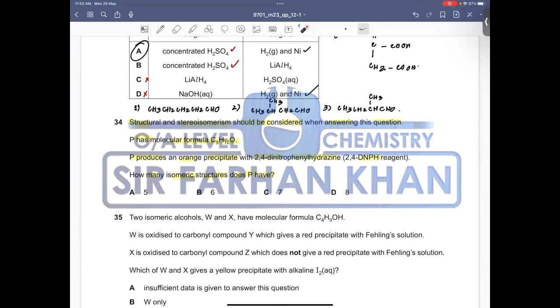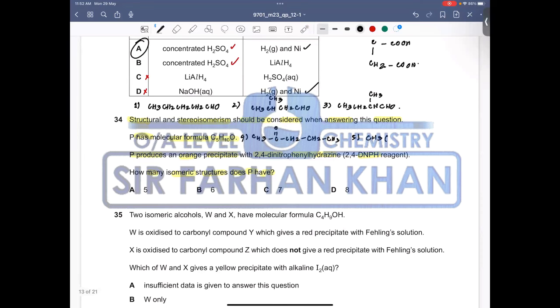Now let's make ketone. 5 carbon atom ketone. CH3, CO, CH2, CH2, CH3. This one is 4th. Let's make 5th one. I'll shift CO to this carbon atom. So it's the positional isomer actually. CH3, CH2, CO, CH2, CH3.